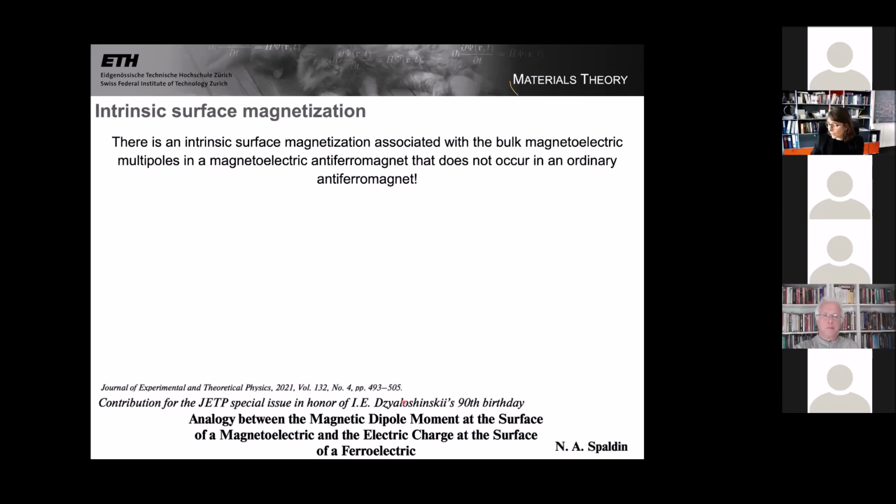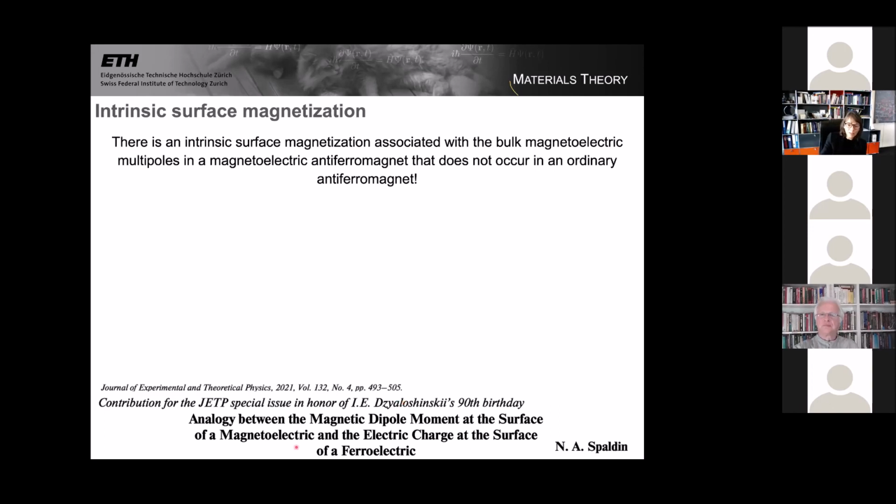And an outcome of this, and I'm not going to have time to prove this to you, I'm just going to state it, and I hope that from the dimensional analysis you'll accept this, is that there's an intrinsic surface magnetization associated with the existence of bulk magnetoelectric multipoles in antiferromagnetic materials that are magnetoelectric. And you can't get rid of this surface magnetization, it's there, and it doesn't occur in an ordinary antiferromagnet. It's a bulk property, it's a result of this magnetoelectric multipole per unit volume.